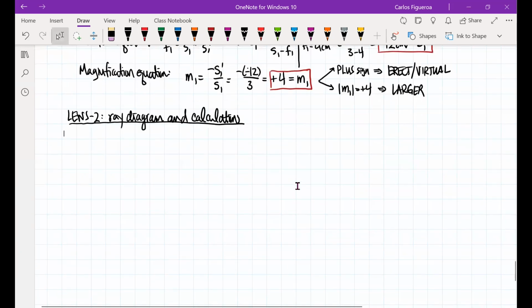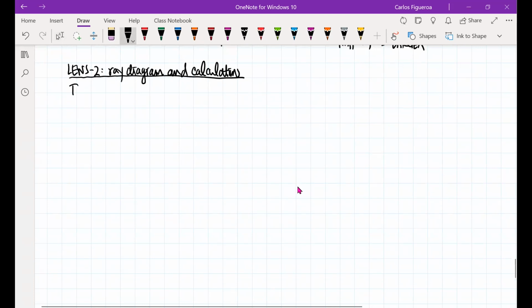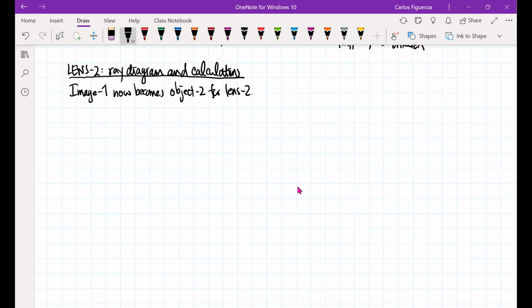What we find now is that image 1 now becomes object 2 for lens 2.